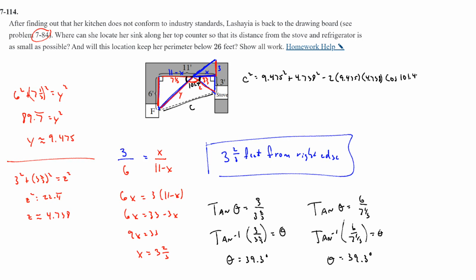So plug all that in your calculator. I get a value of approximately 129.97. Go ahead and take the square root of that, and we get c is approximately 11.4.